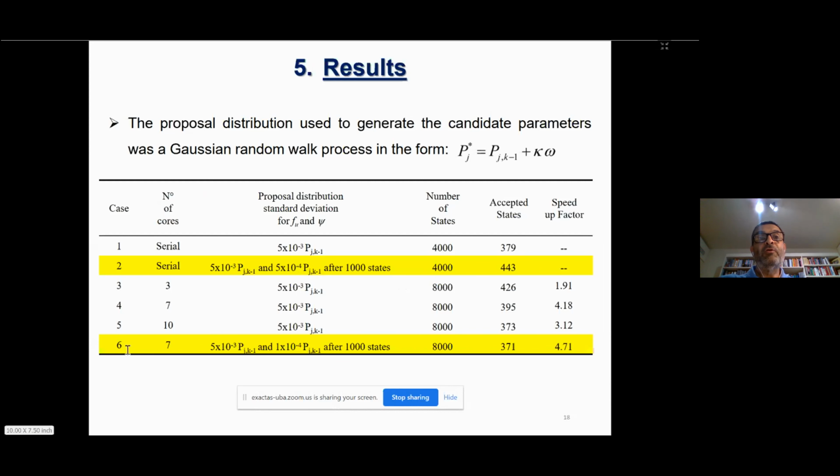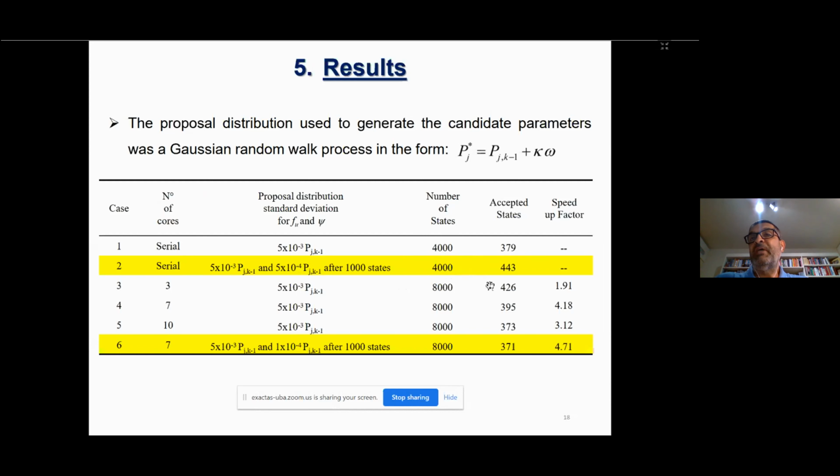Same thing here when we compare case 6 with case 7. The computational time for cases 1 and 2 with the serial algorithm was very large, so we have run only 4,000 states in the Markov chains.